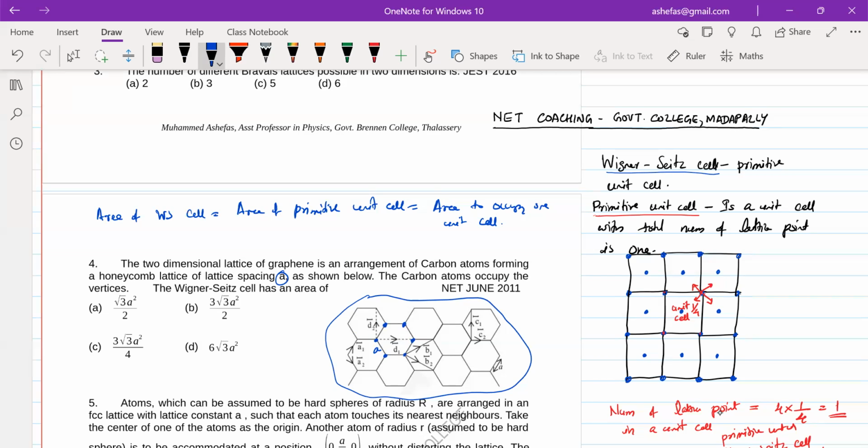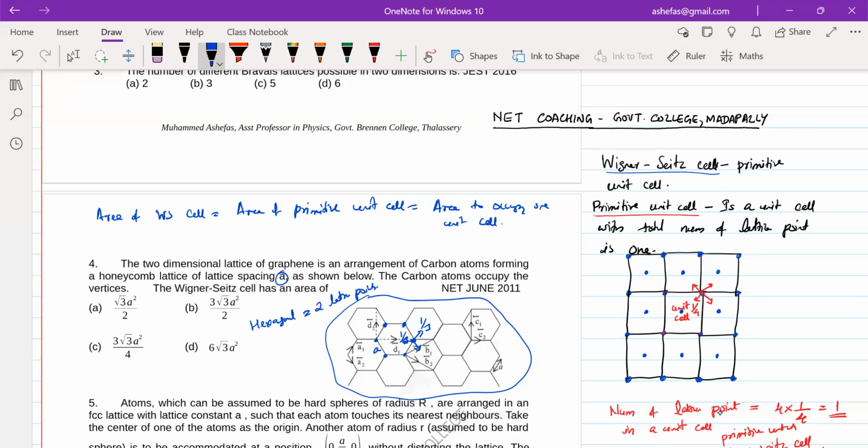We have 6 lattice points, but effectively it does not have 6, because one corner is actually shared by 3 hexagons. So the contribution of one corner to one hexagon is only 1 by 3, and with 6 corners, 6 into 1 by 3 equals 2. So the total number of lattice points inside this hexagon is 2.